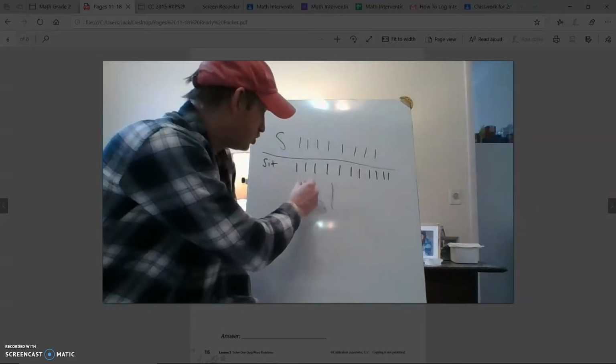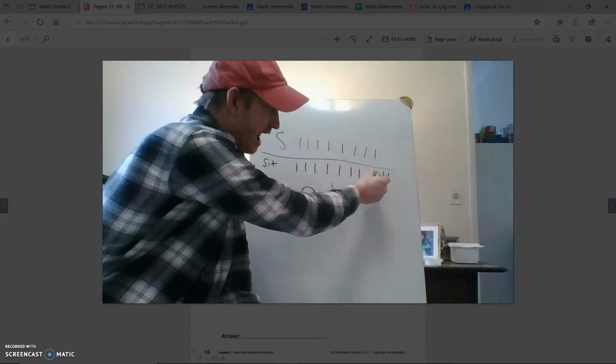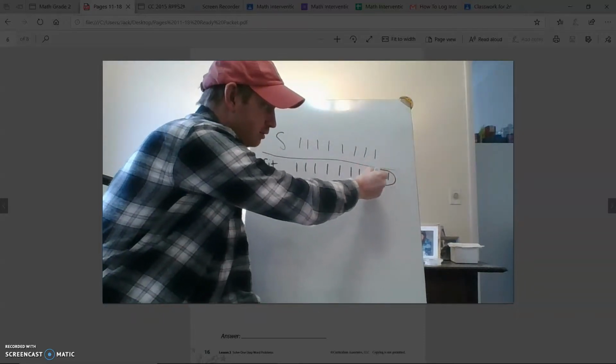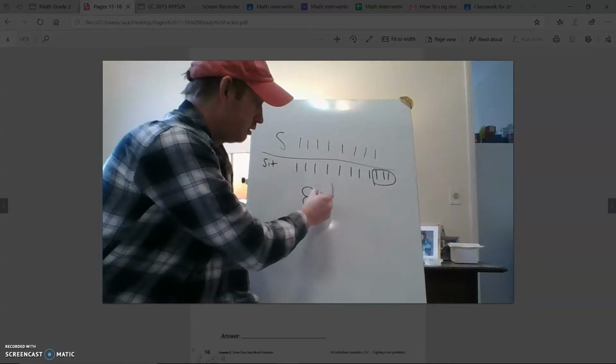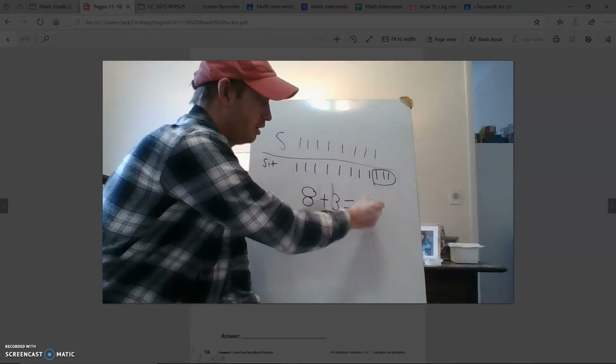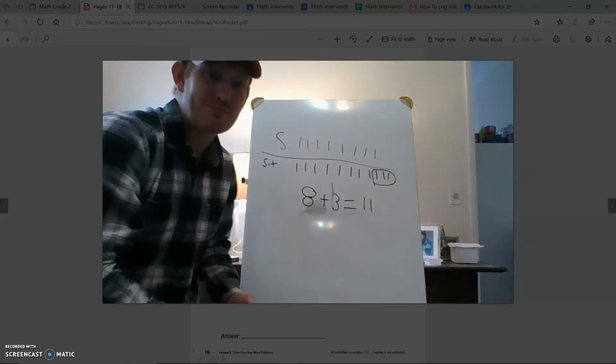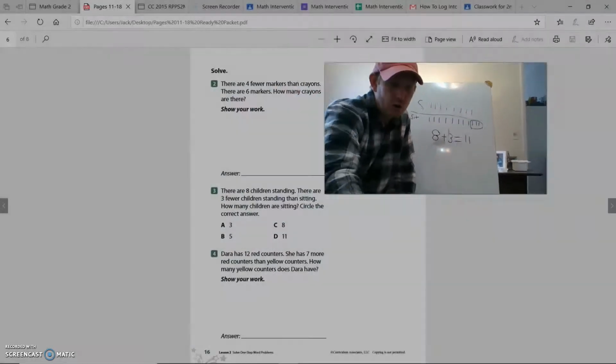Like before, we started with 8, and then we added 3, and so that would give us 11. Both ways, the answer comes out to be 11. Let's move on to our final problem.